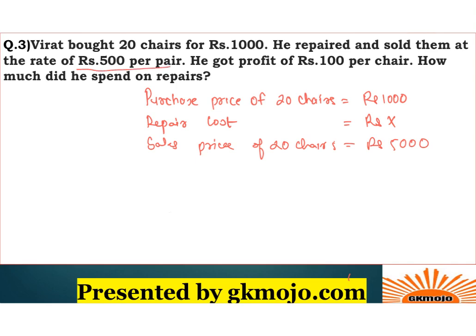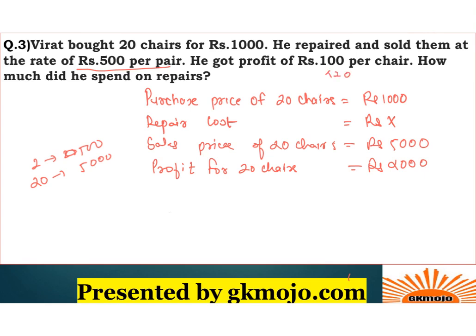So per pair means 2 chairs were sold for rupees 500. So 20 chairs would have been sold for rupees 5000. As simple as that. And the profit for 20 chairs was rupees 100 per chair, so basically rupees 2000. 100 into 20 is 2000, correct?